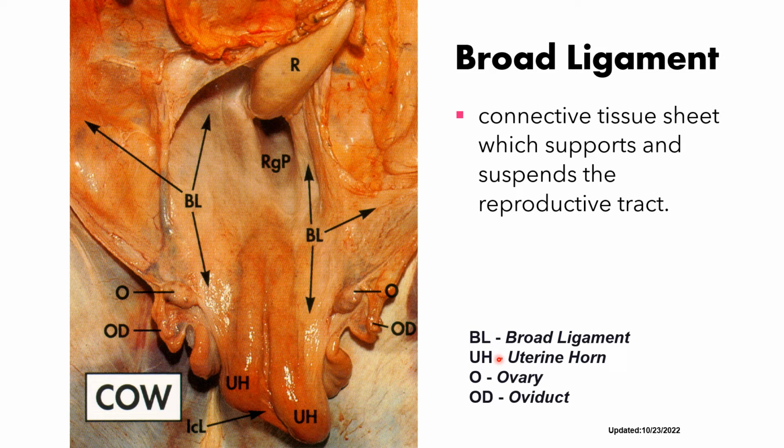In this diagram, BL stands for the broad ligament, UH is the uterine horn, and we have here the ovary and the oviduct. This portion here represents the broad ligament.